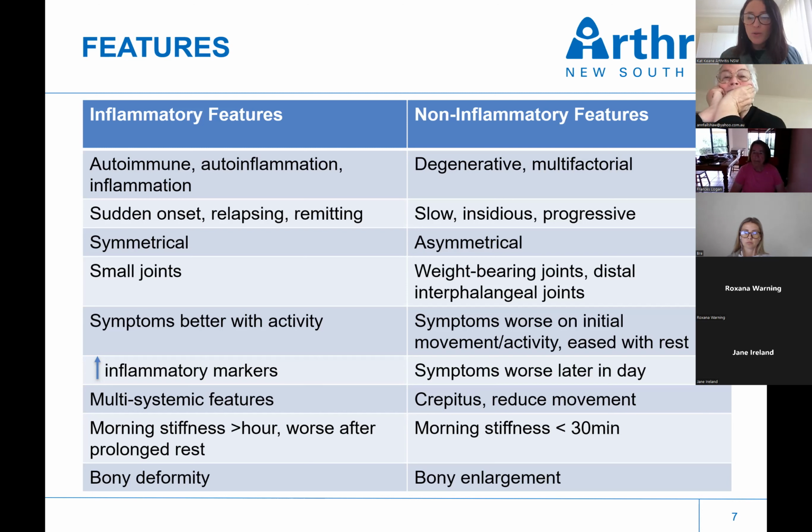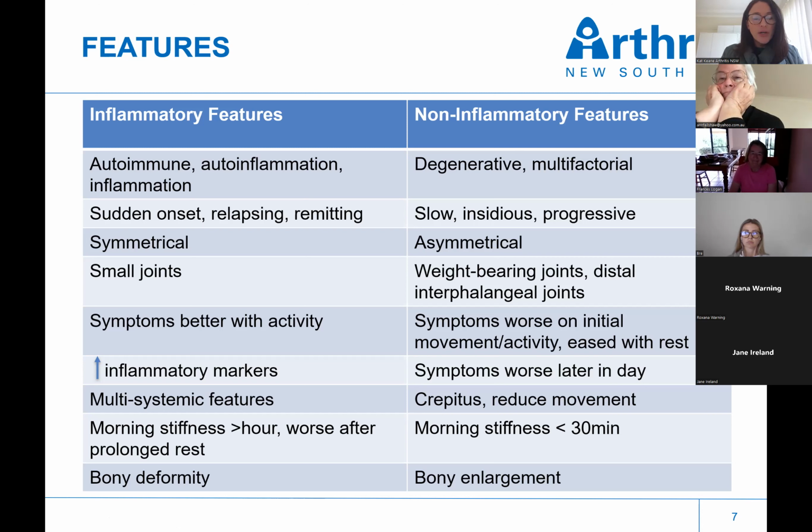Often, but not all the time, inflammatory arthritis conditions attack joints symmetrically, but not always. It just depends on the condition. Often they attack smaller joints. Symptoms are often better with activity, obviously not if you're in an acute flare-up stage.